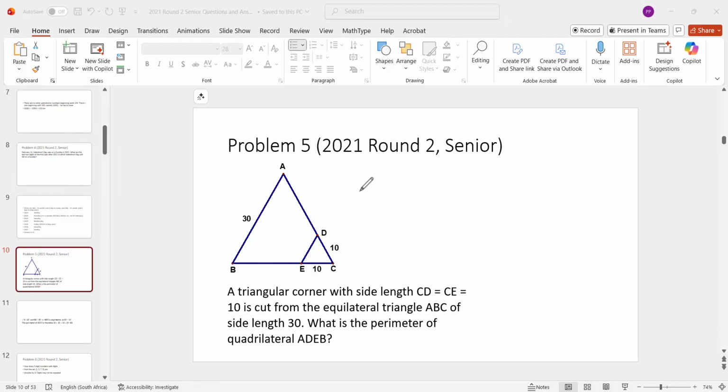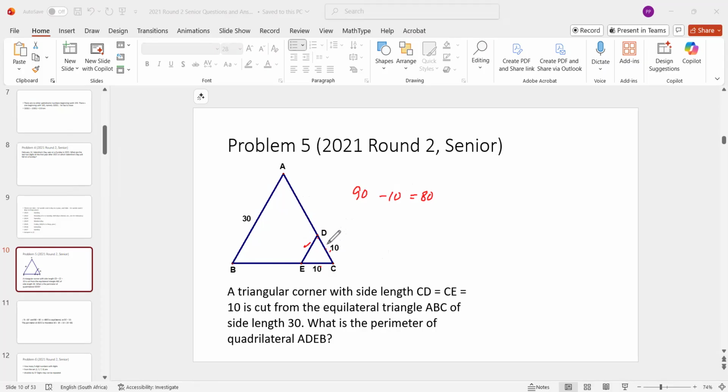The perimeter of the triangle is 90. Because you've got 30, 30, 30, 90. But the triangle has got, in addition to this one here, which is in that quadrilateral is a trapezium actually. In that trapezium, you've got two extra 10s. And this 10 is included in your trapezium. So it's actually 90 minus 10.